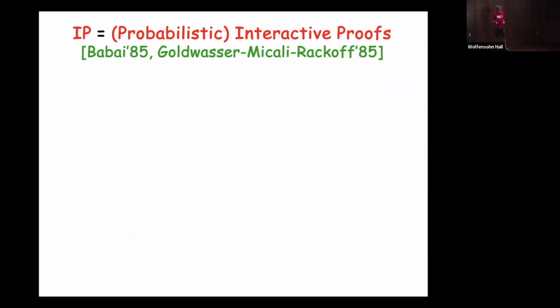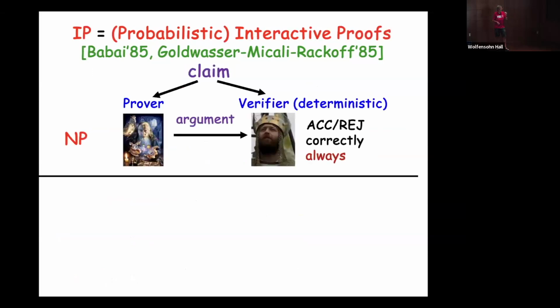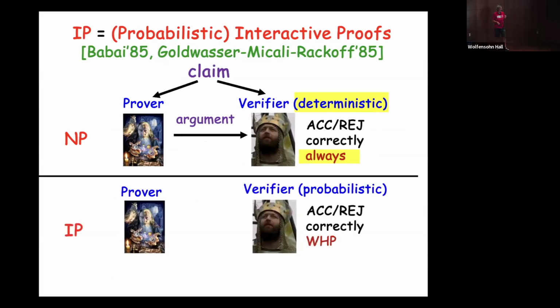This is the fuller picture. I remind you that in NP, which is deterministic, and we insist on always correctness, there was an argument that went one-sided from the prover to the verifier, like writing a paper and publishing it. And that was the whole interaction between prover and verifier. On the other hand, in IP, we said now we are probabilistic, we demand everything with high probability, but there is another difference.